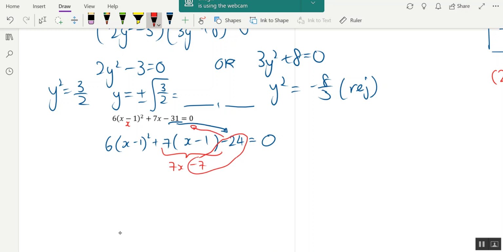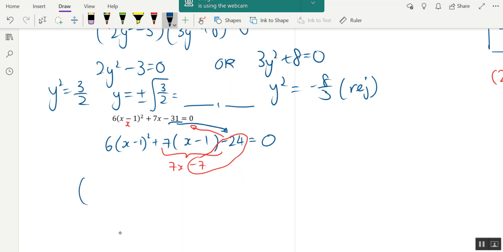In order to replace the x by something else, all the x you must change it in the form of the new guy, which is x minus 1. So I'm just making the quadratic equation by replacing x as x minus 1.